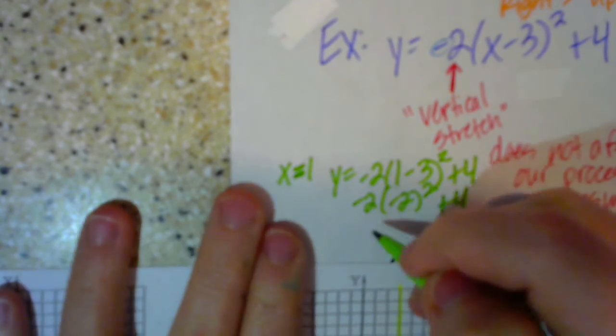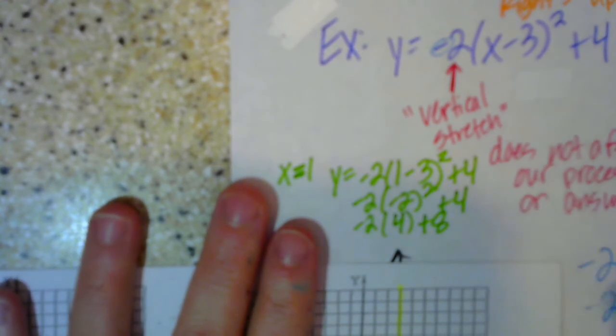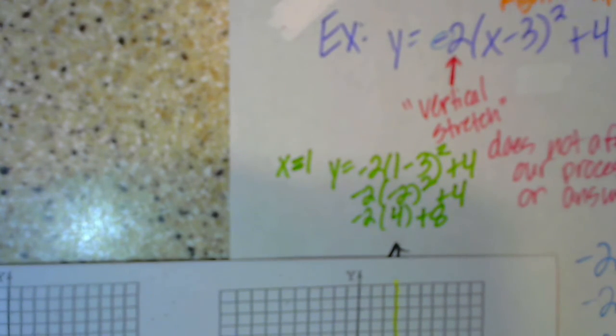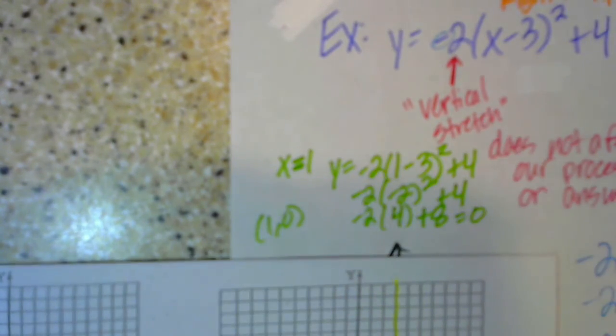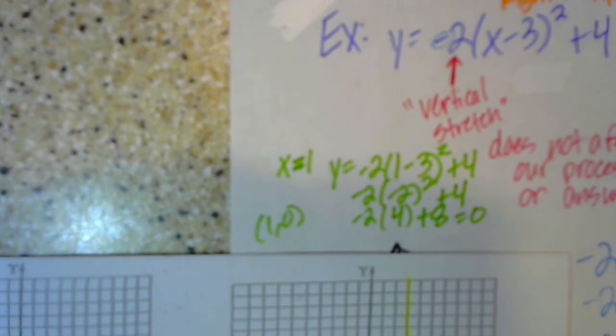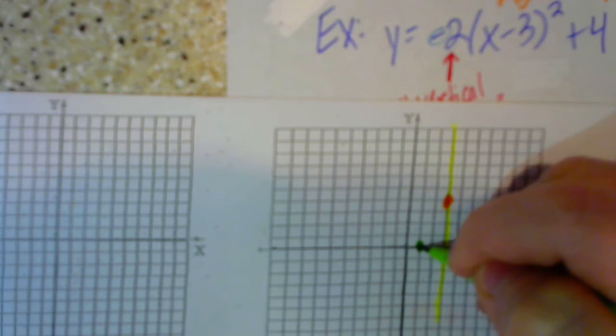So that's going to give me -2 times 4 plus 4. So that's -8 plus 8. So that's 0. So that means there's a point at (1, 0) on my graph. So I come over here and I plot that point.